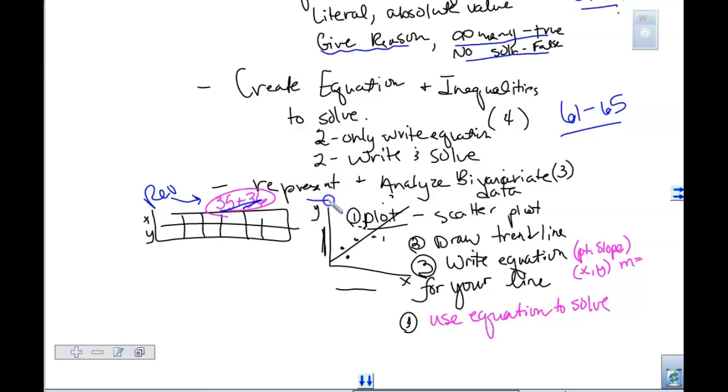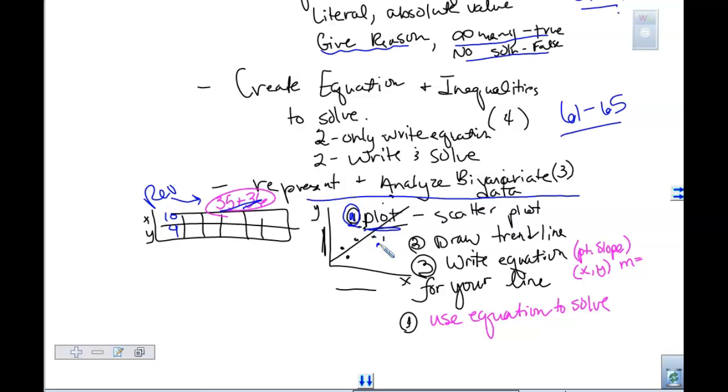Someone said, what does it mean to represent and analyze bivariate data? So there's going to be 3 questions. First thing you are going to have to do, number 1, you have to plot the data. I will give you the variables. Like I'll put a label down here and I'll put a label here. So if this is 10 and then 4, you're going to go to 10, 4.